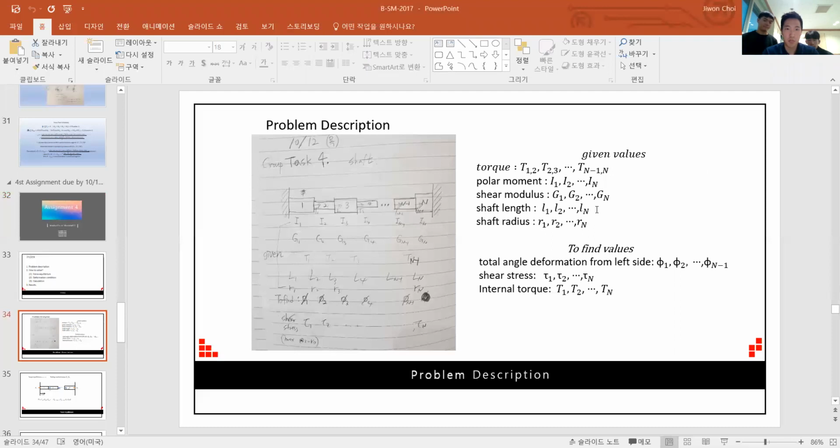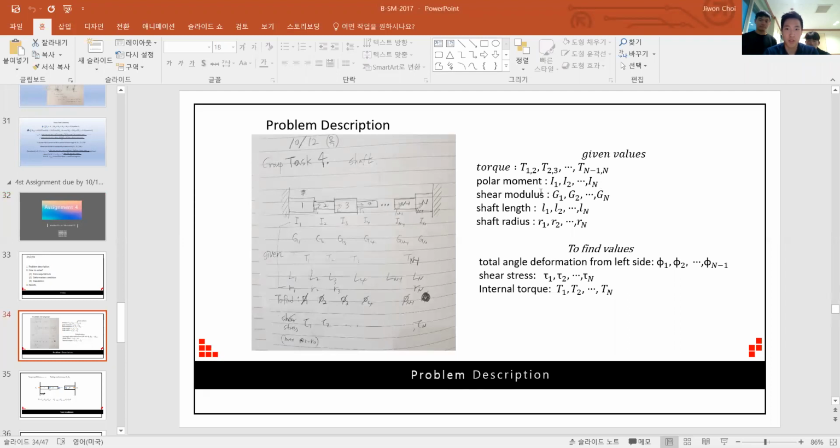So let's describe this problem first. Both sides, left and right, are fixed. There are shafts numbered from 1 to n, and the given values are as follows: torques T1,2, T2,3 to Tn-1,n, and polar moments of inertia from I1 to In.